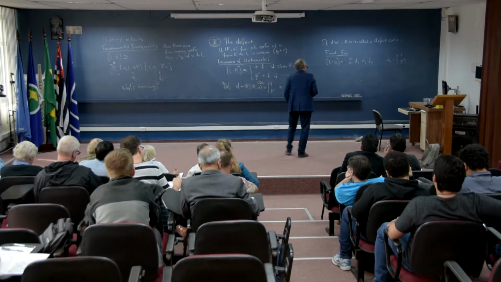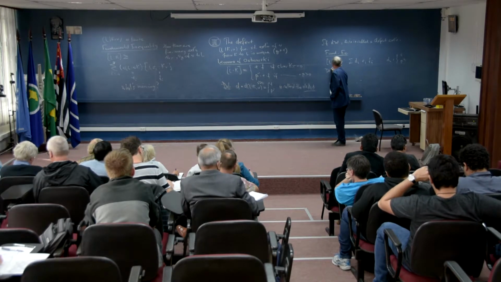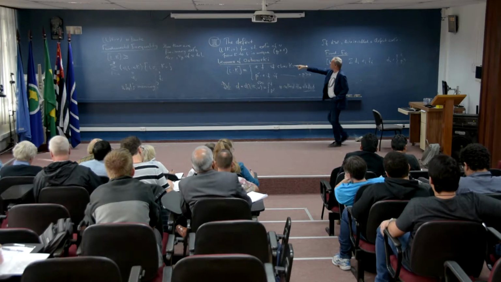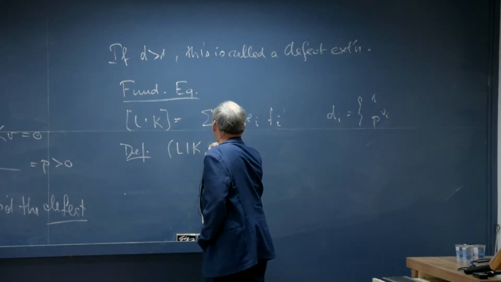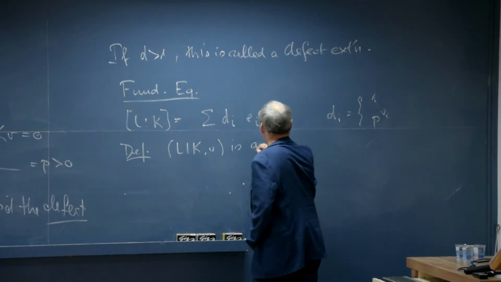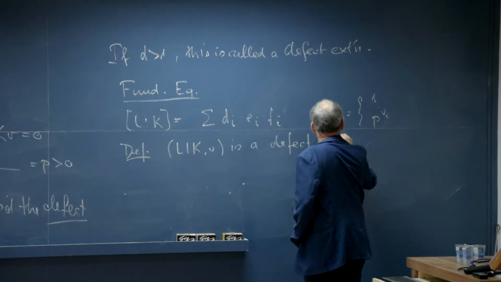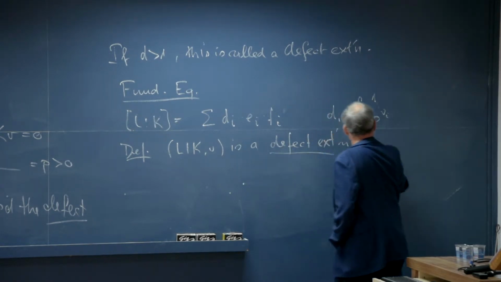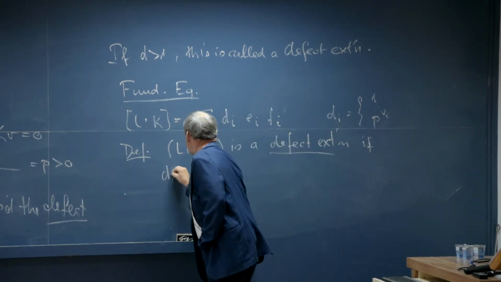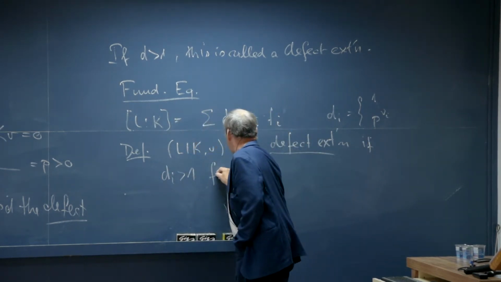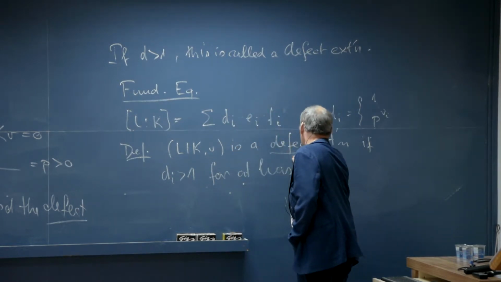And now the extension for this general case, without this assumption here, L over K, V is a defect extension if di is bigger than 1 for at least one i.